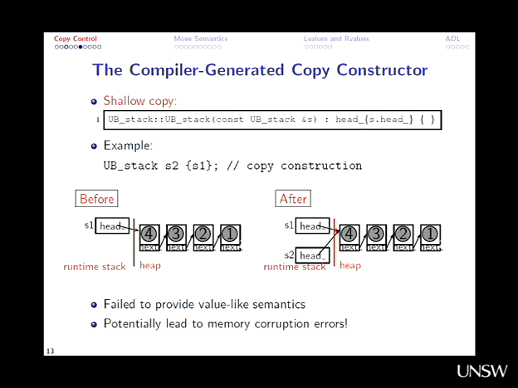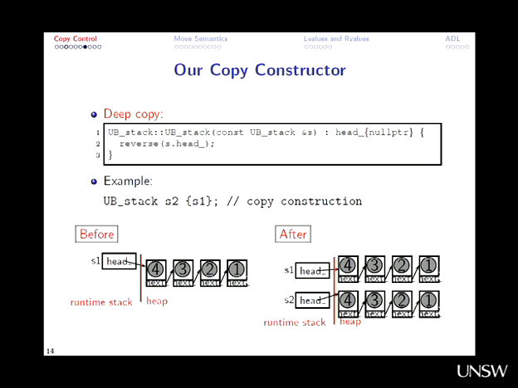Okay? So how do we fix this? Ours is very simple. Our copy constructor, again, is one line because it calls another method. Our copy constructor, which is up here on line 35, calls this method called reverse. And reverse is defined actually just above that. And again, it's a recursive method.